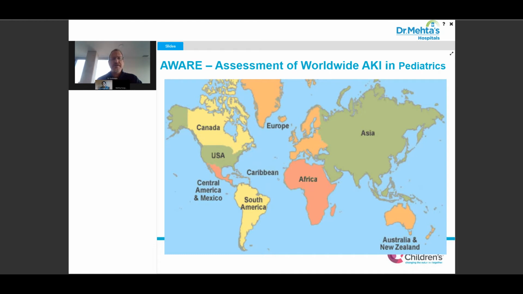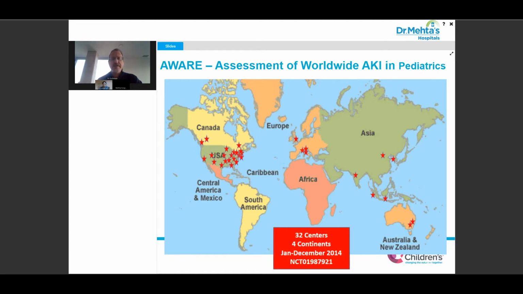And you can see the location of the centers that participated in AWARE: 32 centers, 4 continents, 9 different countries, and each center assessed the epidemiology of acute kidney injury in their pediatric ICUs for a 3-month period between January and December of 2014.